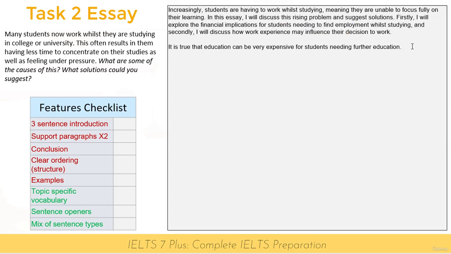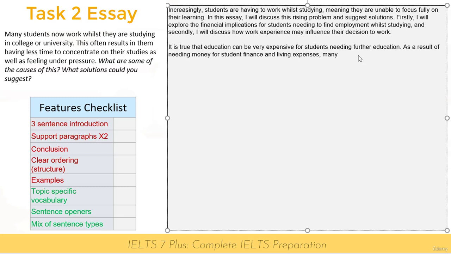Let's say, as a result of needing money for student finance, I'm using some topic-specific vocabulary. This is a collocation, student finance and living expenses. As a result of needing money for student finance and living expenses, many, and I need a synonym now for student as I feel like I'm repeating student too often.